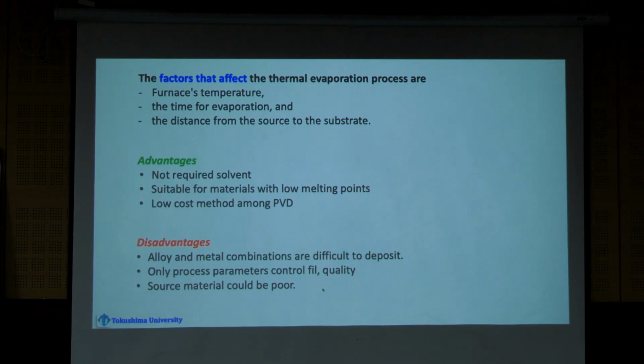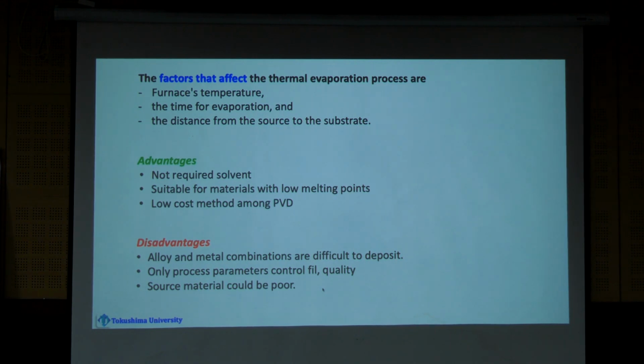It is not going to happen. So that is the disadvantage: at a time you cannot make an alloy, a nanostructure alloy, or some metal combination, because of different melting points.